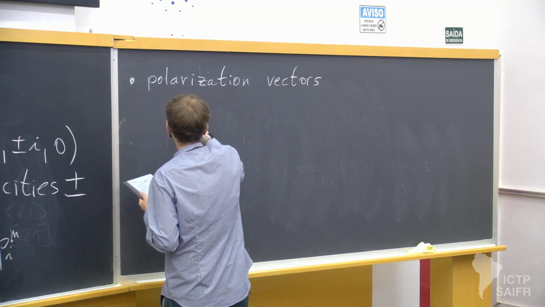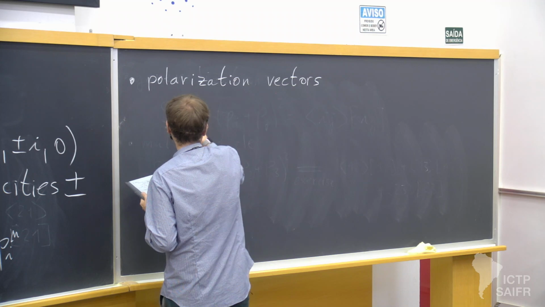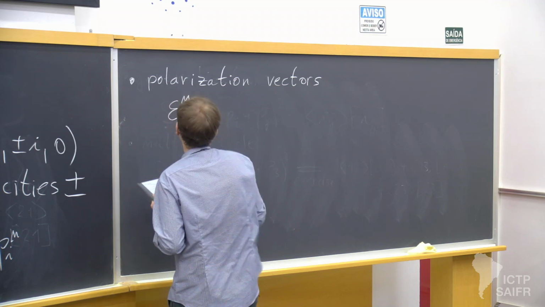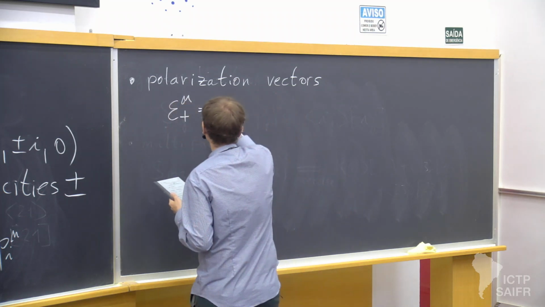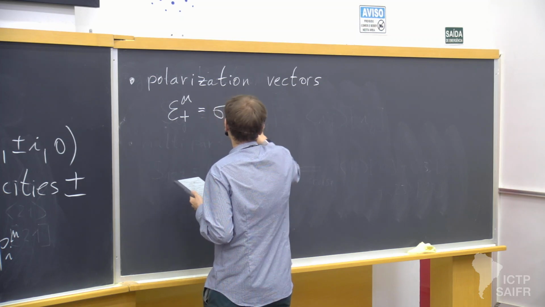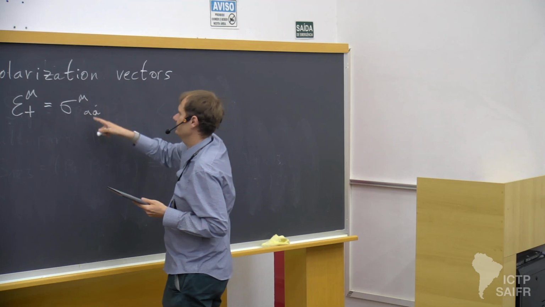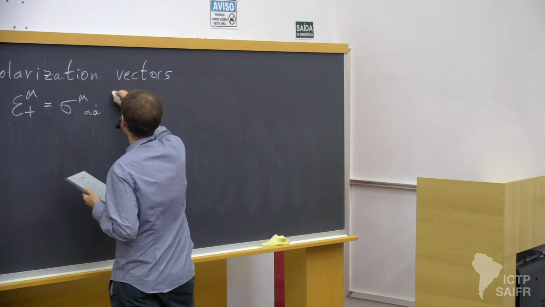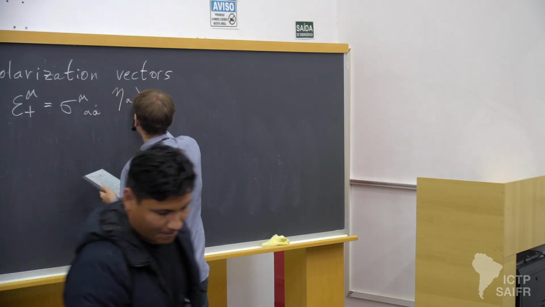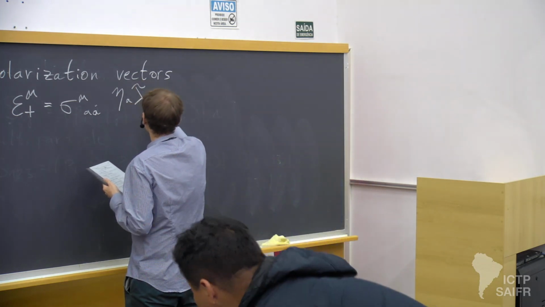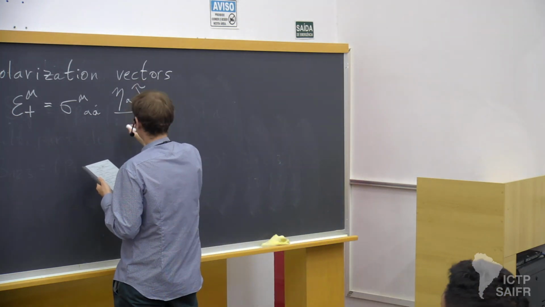So for the plus helicity, the polarization vector again has this sigma matrix, which just turns these labels into these spinor labels. Let me write it, and then I will explain what it means.